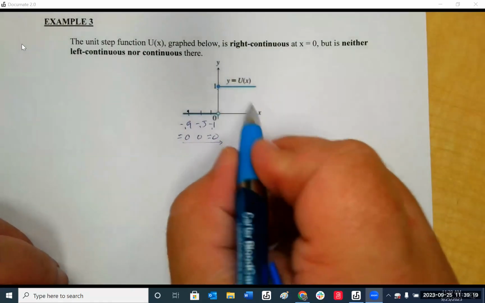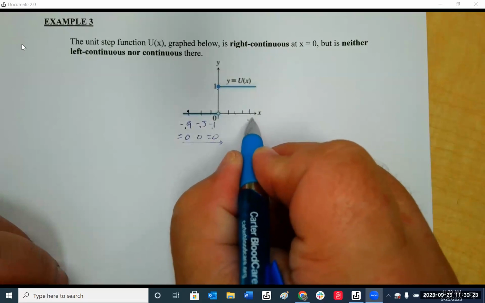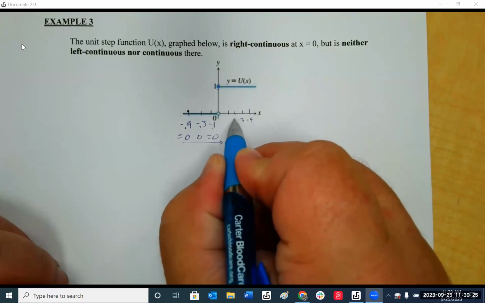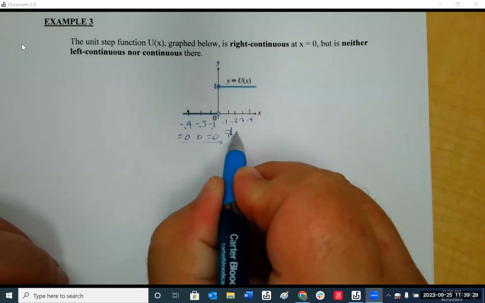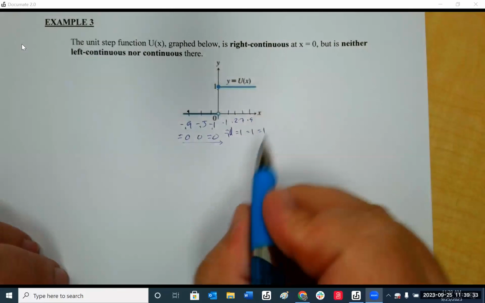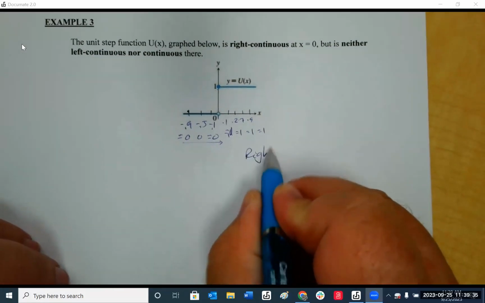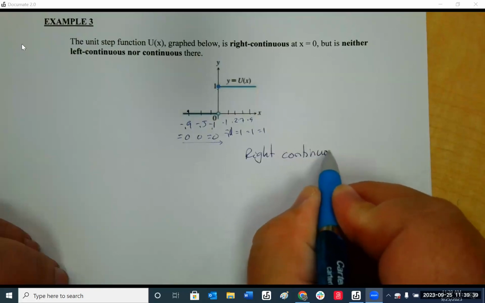How about the right-hand side? All of these, 0.9, 0.7, 0.2, 0.1, they all equal 1. And that's exactly it, so it is right continuous.